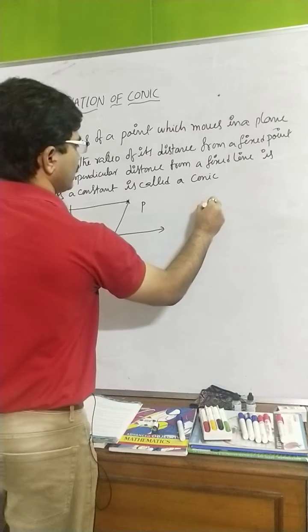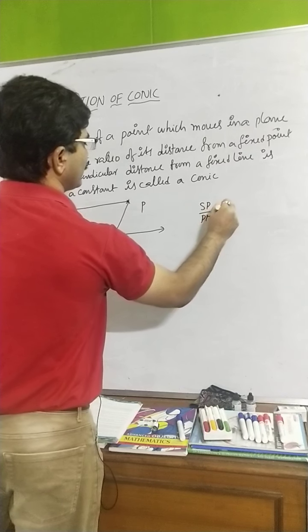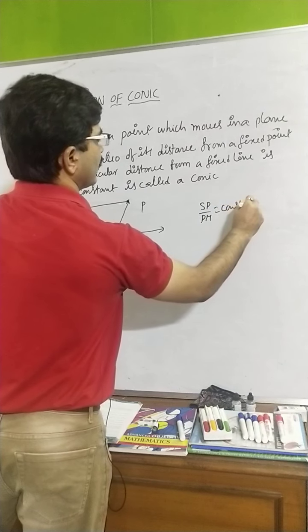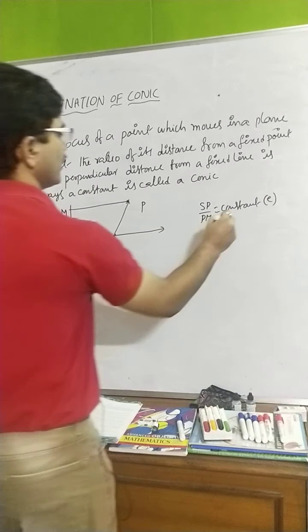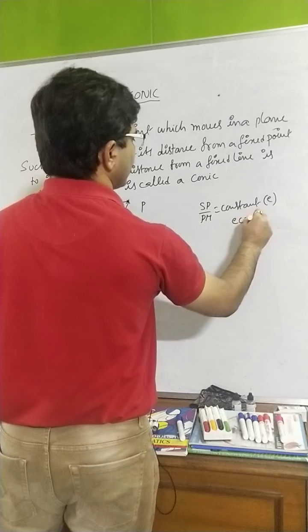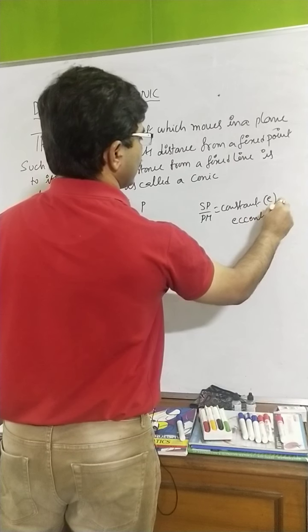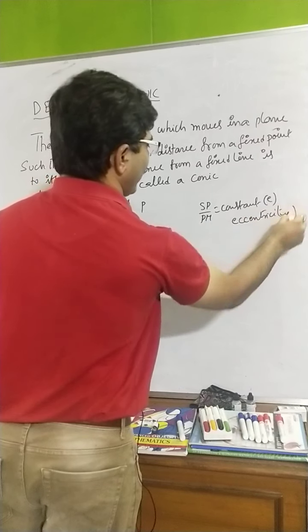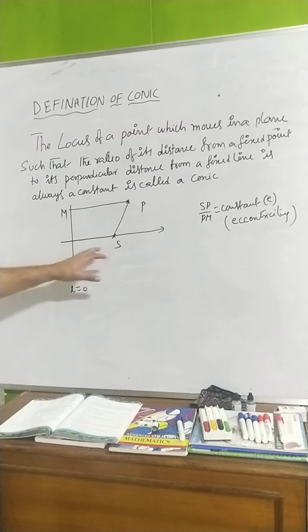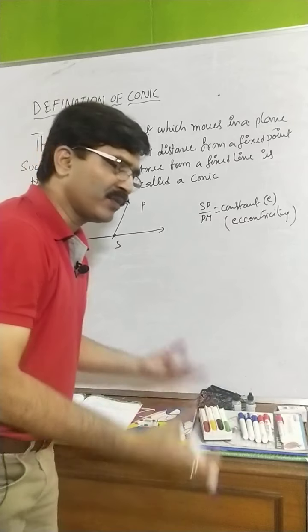What is that? SP by PM is constant. This constant we are denoting with what? E. You can say that eccentricity. E is called what? Eccentricity. SP by PM. In other words, we can define like this.